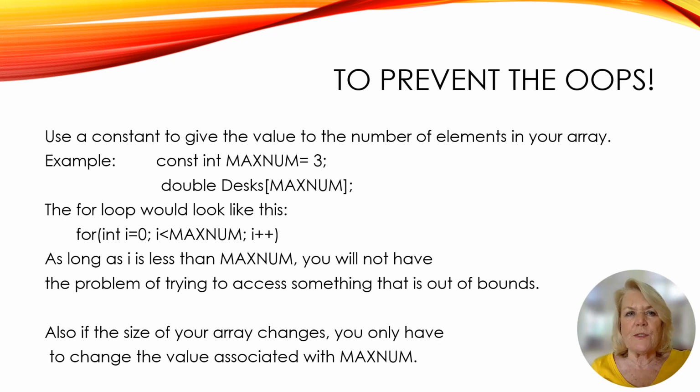One of the ways that you can make sure that you do not try to access something out of bounds of the array is to use a constant to hold the number of elements in the array. Then when you use a for loop, you set the condition to be less than the value in the constant. So here we have maxNum set as the constant, and it's set to 3. It's an integer.